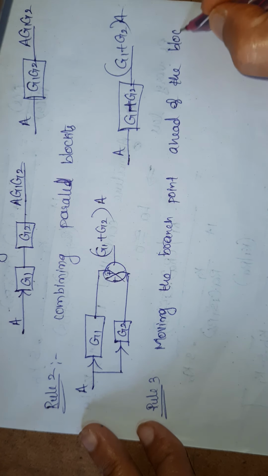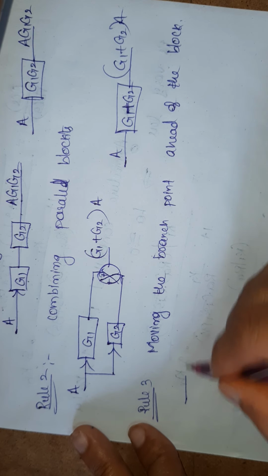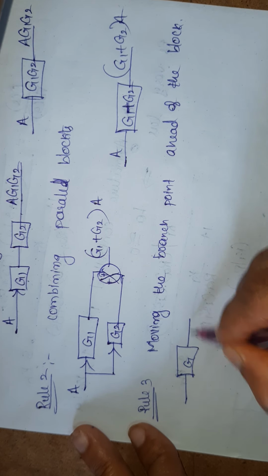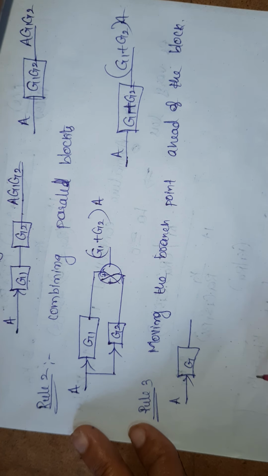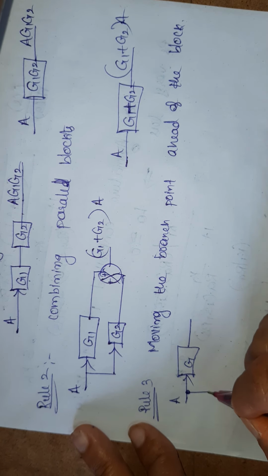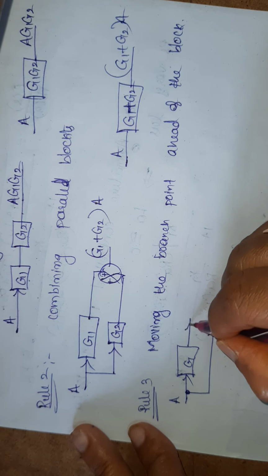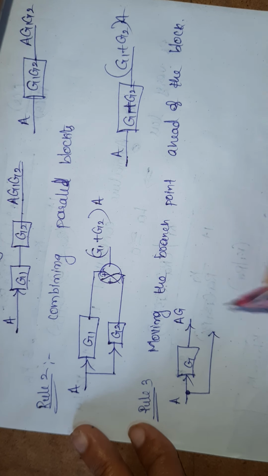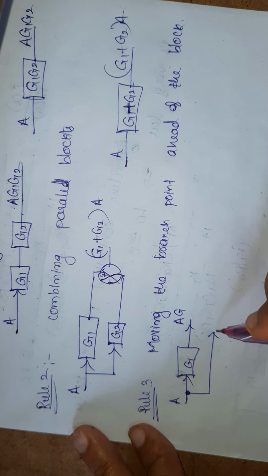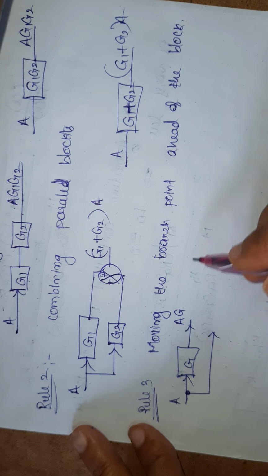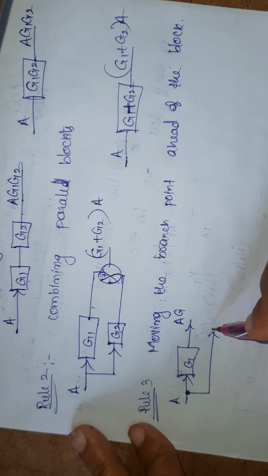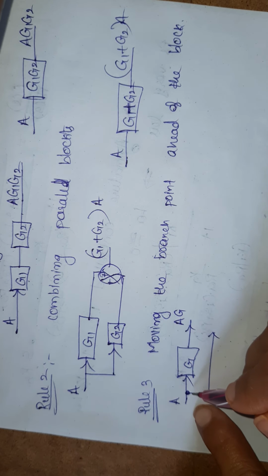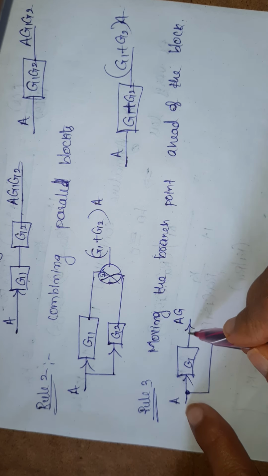See, this is the block I have, G, and input is A. This is a branch point I have. What is the output here? A into G. Somewhere around a block I can use this branch point. Now I want to move this branch point ahead of this block.